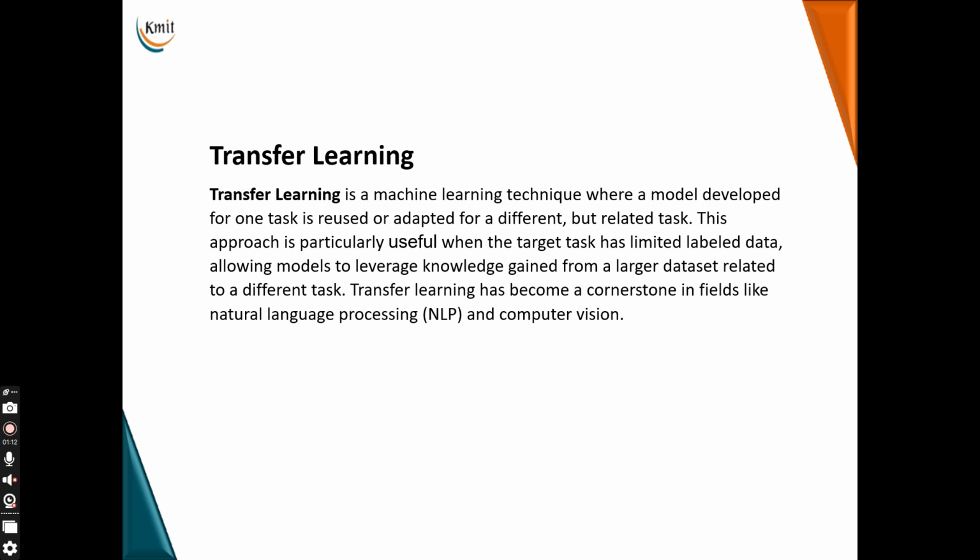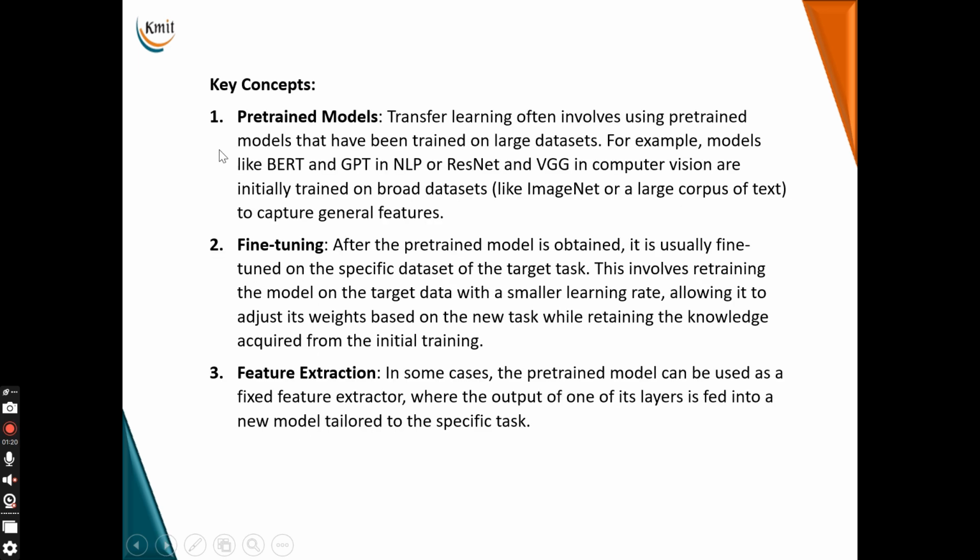Transfer learning is one of the building blocks for natural language processing and computer vision. So, what are the key concepts of transfer learning? Pre-trained models. Transfer learning often involves usage of pre-trained models which have been trained on larger data sets.